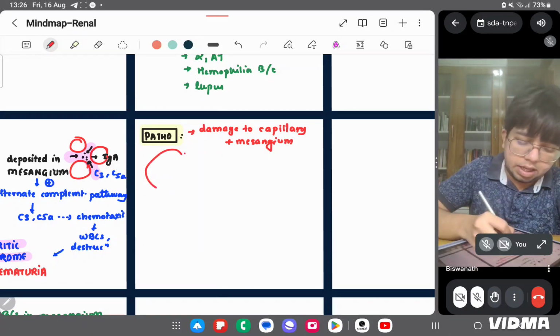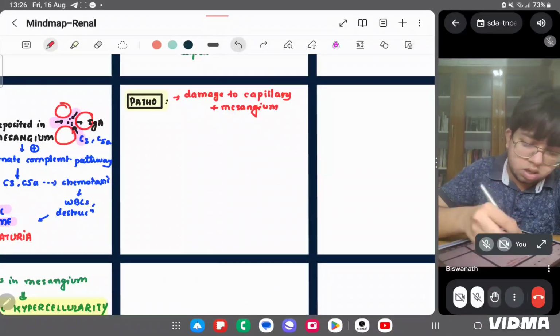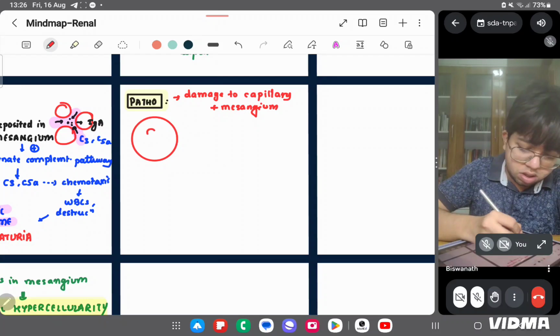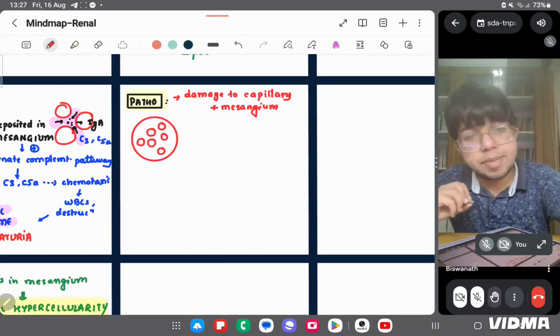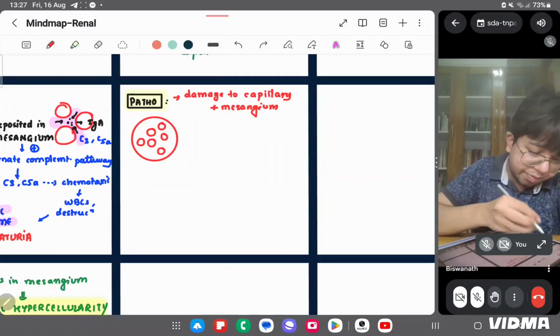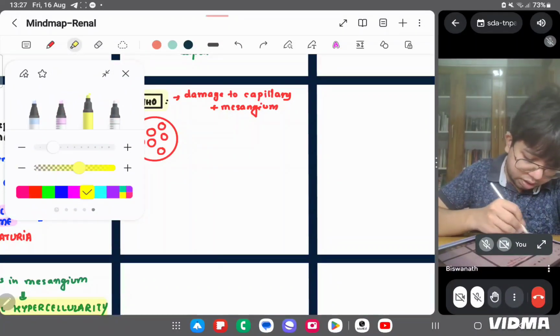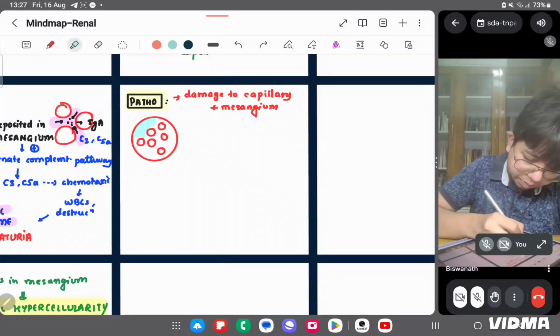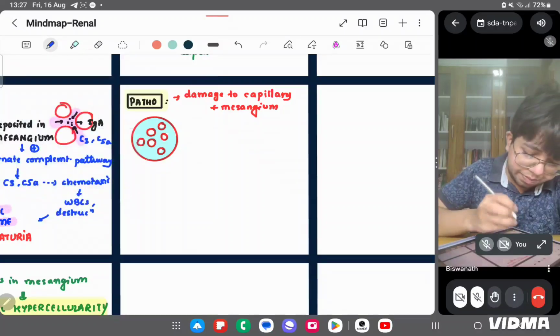Let's say some capillaries are present, and this background is a mesangium.